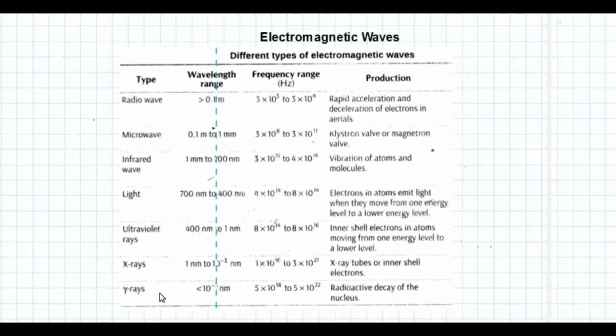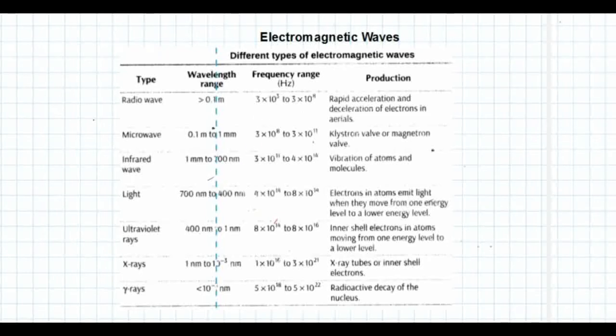So this is the arrangement in the decreasing order of frequency, right? Otherwise, radio wave, microwave, infrared, light, ultraviolet, X-rays, gamma rays. This is the increasing order of the frequency. So we should know to arrange these waves in increasing or decreasing order of frequency or wavelength.